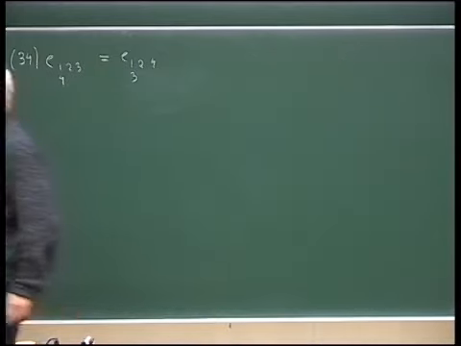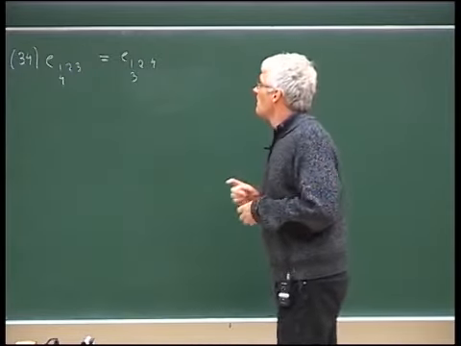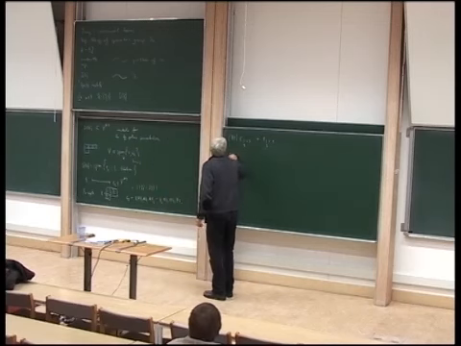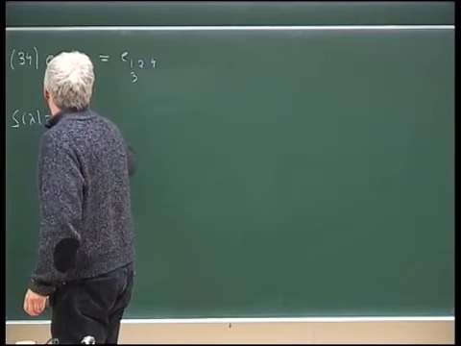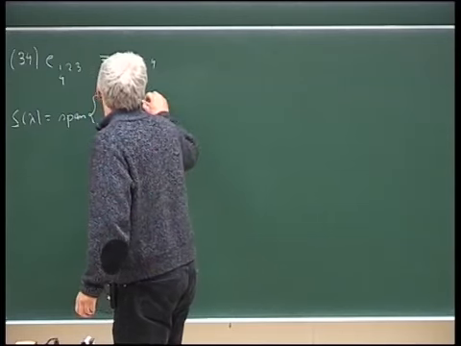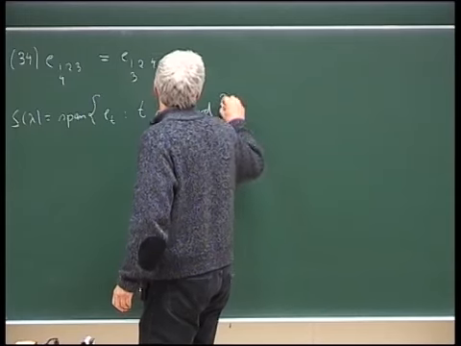Now if I talk about all the tableaux, I don't get a basis. So I should talk about only standard tableaux to have a basis. S of lambda is the span of ET, where T is standard. And this is a basis.